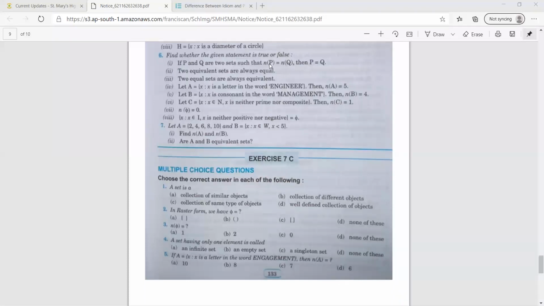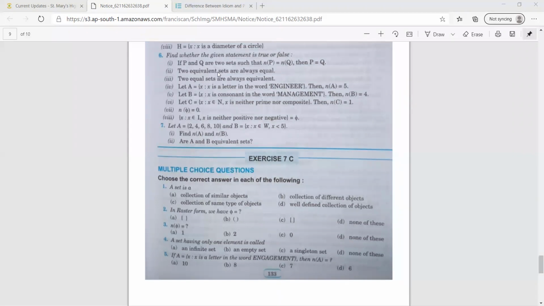So if elements of P are there in Q, then it will be equal. But if cardinal number is same, it is not equal. Like for example, if P is 1, 2, 3 and Q is A, B, C, then the cardinal number of both will be 3. 1, 2, 3, so 3, A, B, C, so 3. So cardinal number will be the same, but they are not equal sets, so this is false.